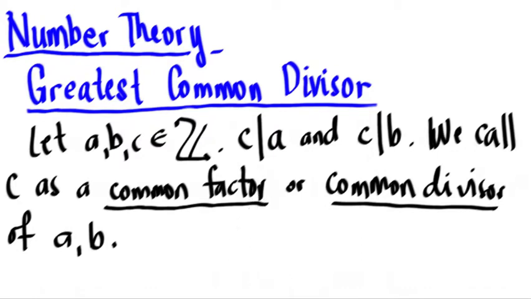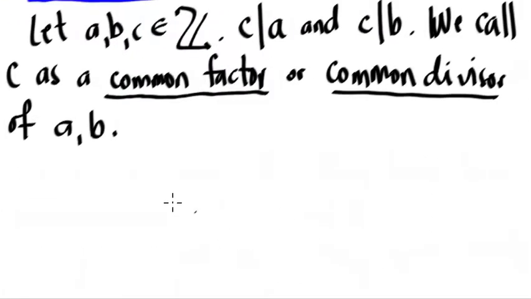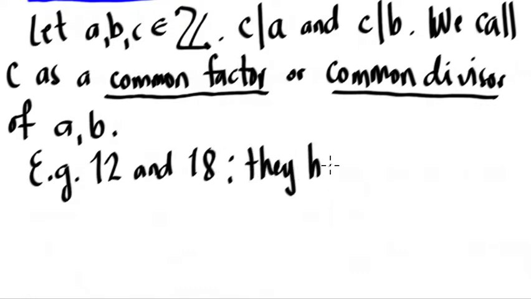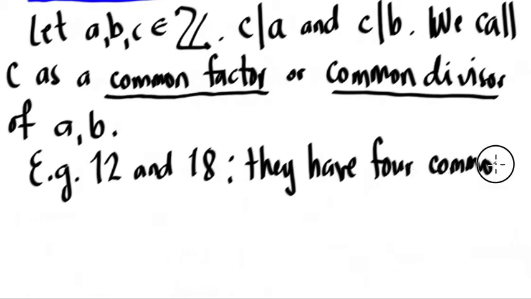To cite some examples, let's take a look at 12 and 18. Actually, 12 and 18 have four common factors, or let's use the word common divisors.